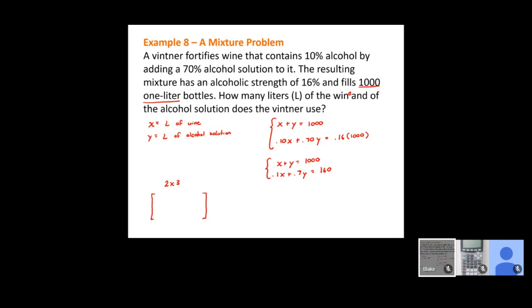Now, what's that first row going to look like then for this one? What would those entries be? Good. So first one is 1, that's the coefficient of x. Next one is 1, because that's the coefficient of y. And then 1,000 is my constant. So again, we have our x, we have our y, and we have our constant. What about the next row?